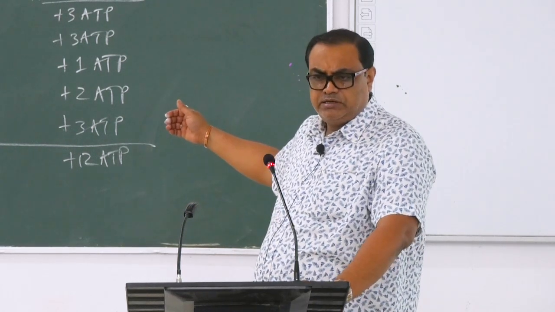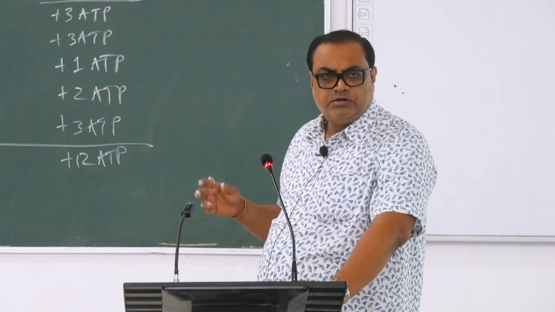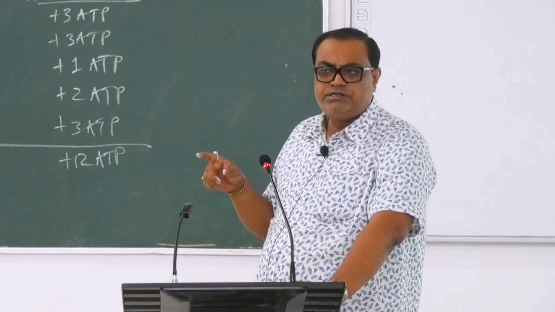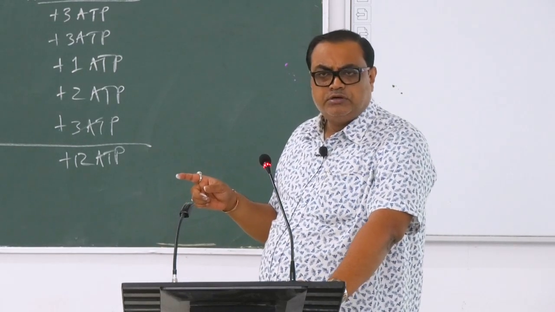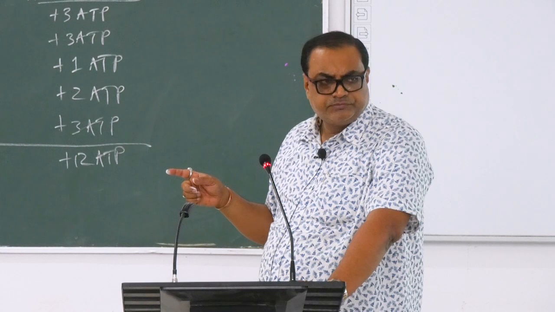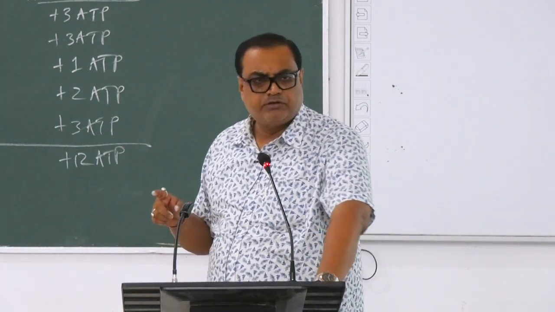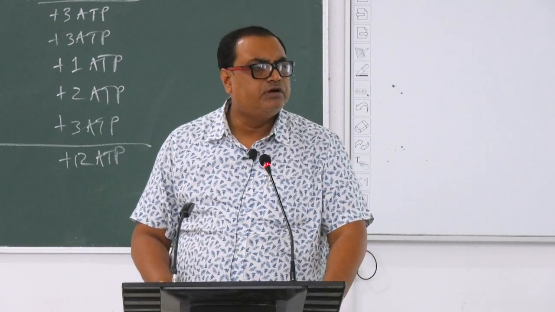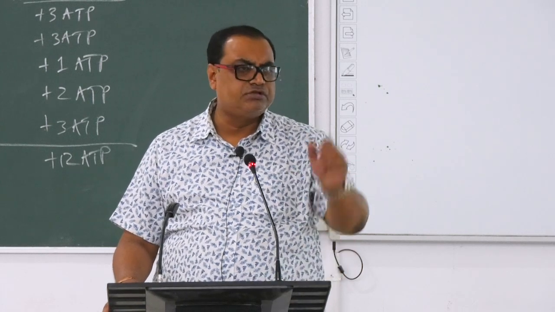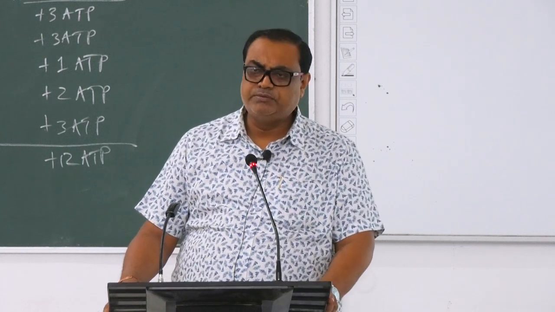Now prior to this pathway, glucose has undergone 2 other steps of oxidation. One is glycolysis, another is oxidation of pyruvate. Right? So in each step, if we calculate, aerobic glycolysis will produce 8 molecules of ATP, and oxidation of pyruvate will produce 2 molecules of NADH plus H plus, which will give rise to 6 molecules of ATP.